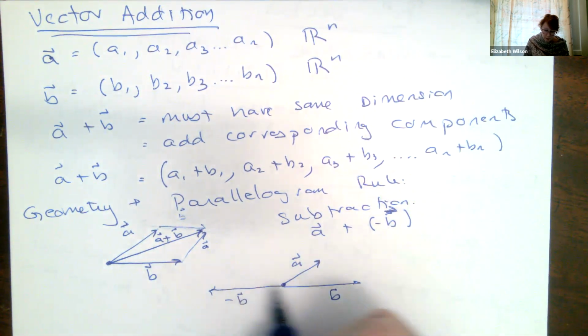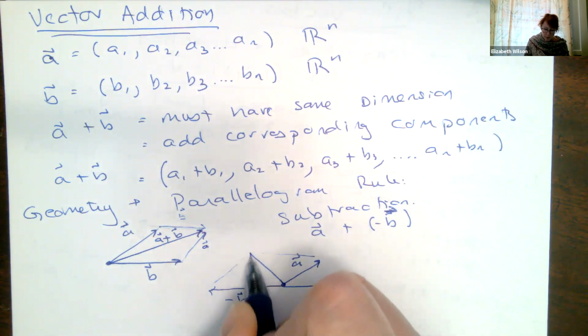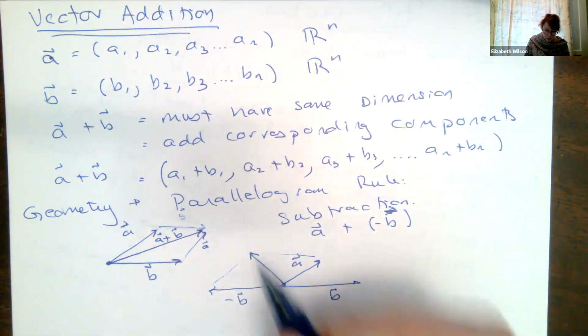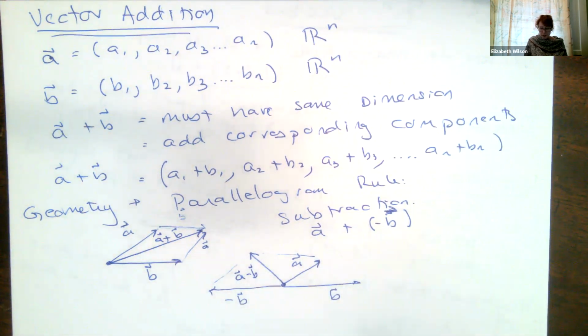Now you can imagine I've got a parallelogram this way, and A plus minus B goes here. So here's A, here's B, here's A minus B, but it comes from A plus minus B. Here's our parallelogram. So that's our parallelogram rule for addition and subtraction. Subtraction works the same way as addition, only we're multiplying by a -1.